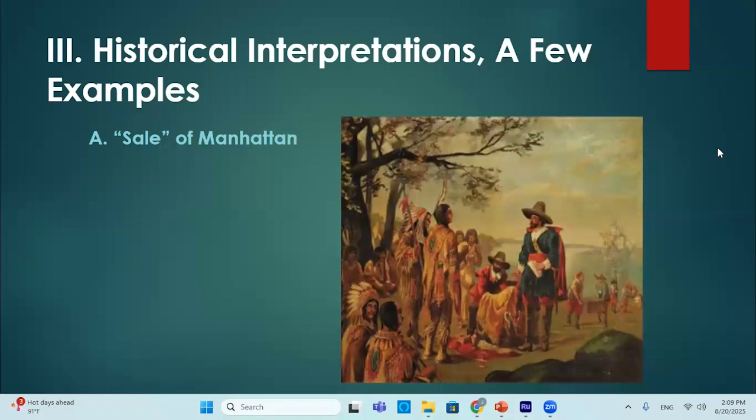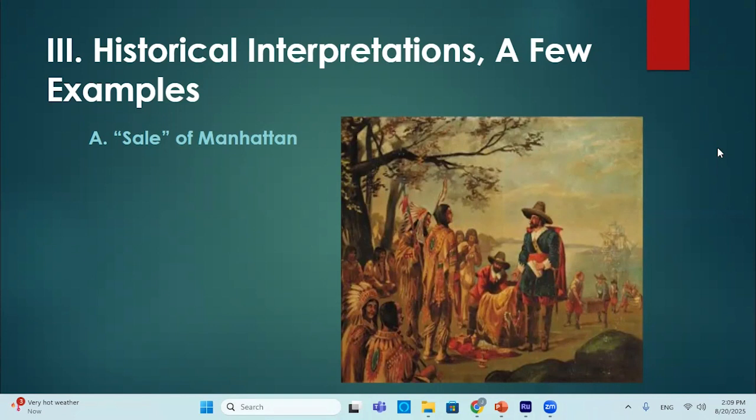Okay. So it's not even linear either. It's not that this is what we interpret one year and then a few years later we interpret it like this. All along the way, there are historians offering suggestions of different ways we can interpret and understand the evidence. So keep that in mind as we look at these examples.